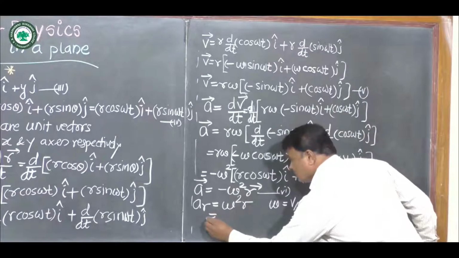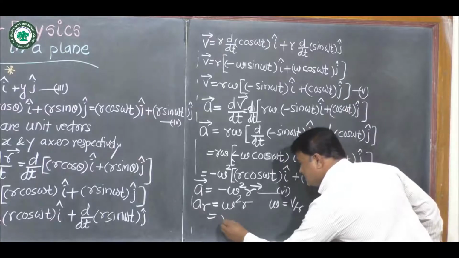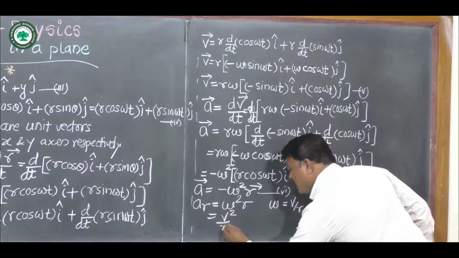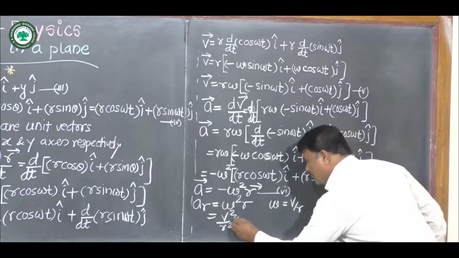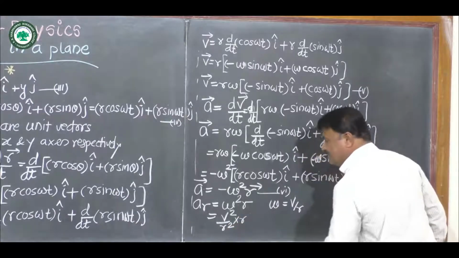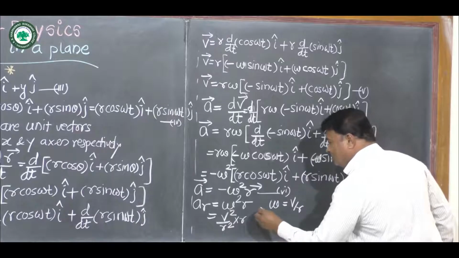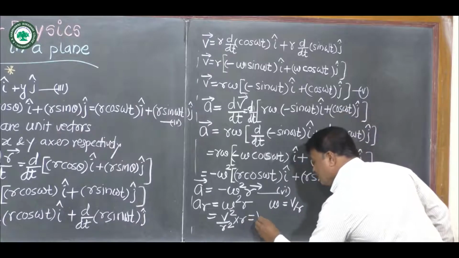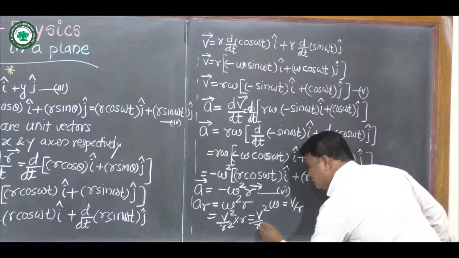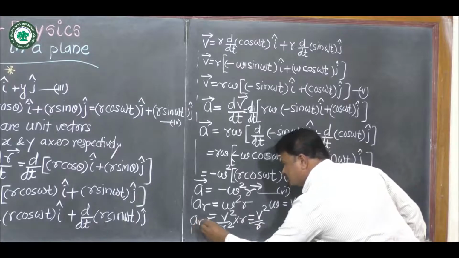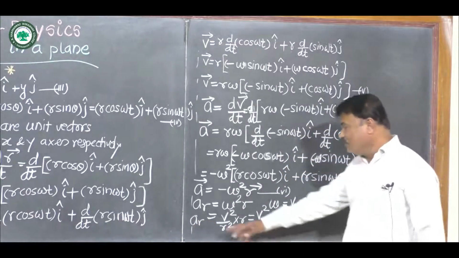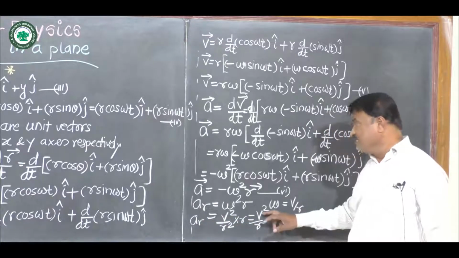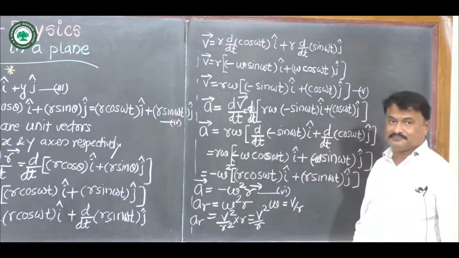We write omega square means V square upon R square, into R. Here R gets cancelled, and therefore we write V square upon R. This is also radial acceleration. So the magnitude of radial acceleration is also V square upon R.